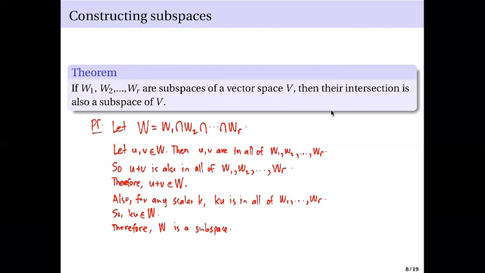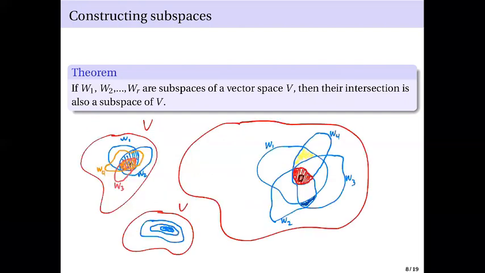You know that the intersection W1, W2 until WR contains elements which are in all of W1, W2, and WR. So we get this picture here. We get an element somewhere here in the red shade, then the element is contained in all of W1 until W4.